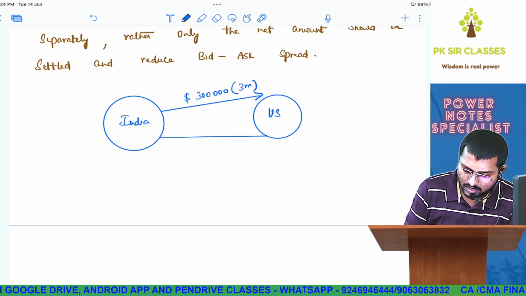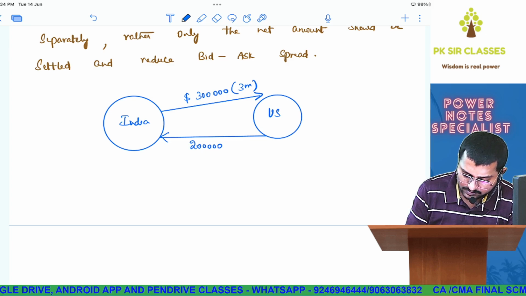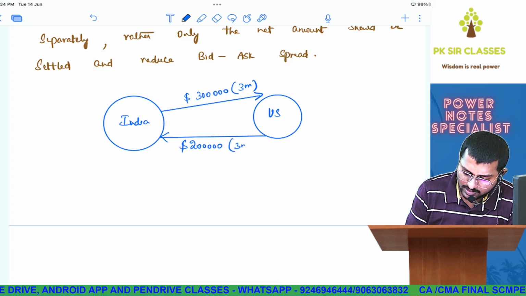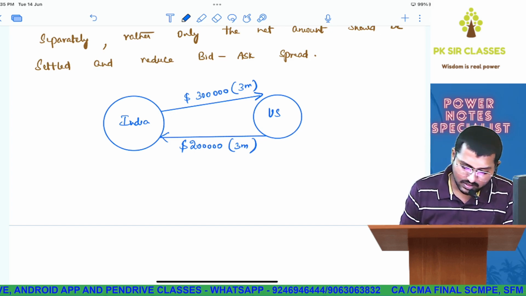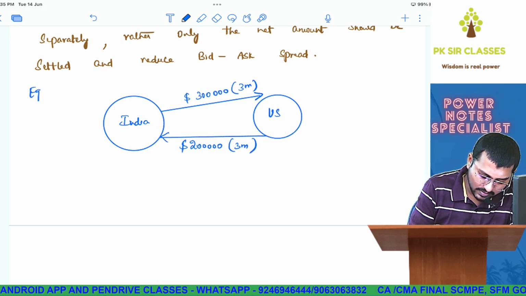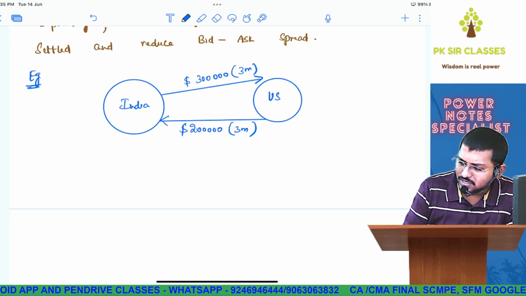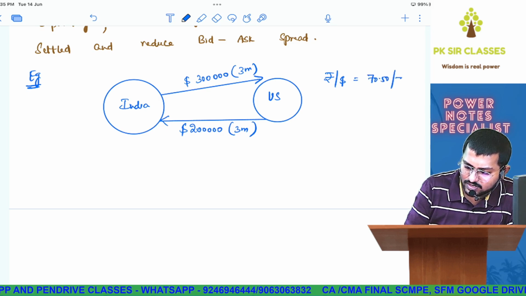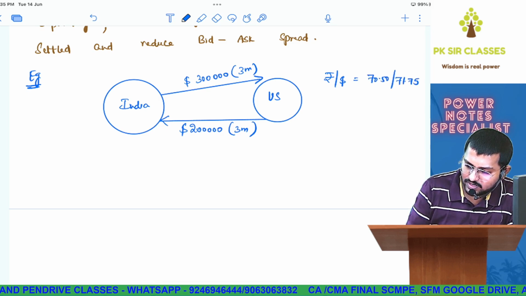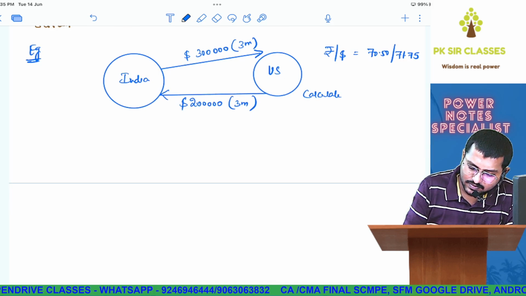And you also have to receive a payment of $200,000. The time limit is again 3 months. Are you able to get me? Right. Now let's talk about some exchange rate. Rupee per dollar is 70.50 / 71.75.